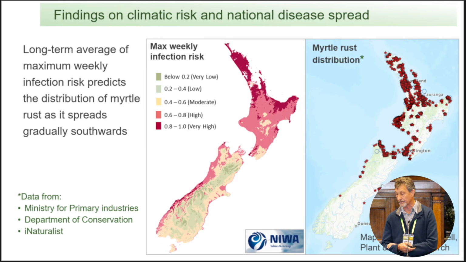You can see that there's a high risk in the Upper North Island, and surprisingly high risk down the west coast of the South Island. The rust seems to be spreading in that direction, but we don't actually know a lot about the susceptibility of the main Myrtaceae species down there, particularly the southern rata, which so far seems to be relatively resistant.